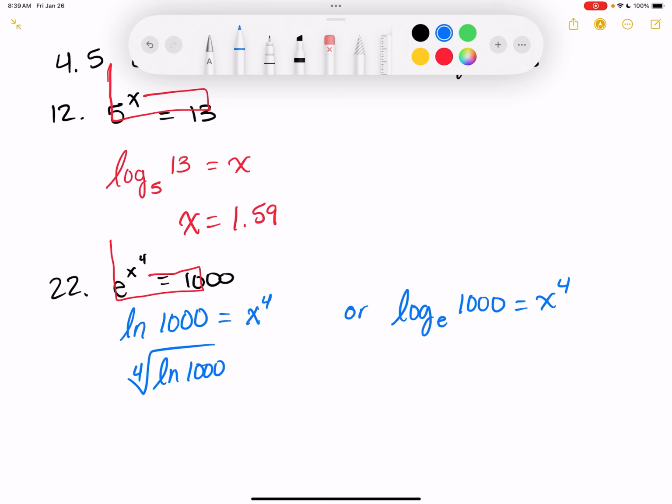If it pops up with something there, you just need to type in a 4 over top of it. And that's going to be now the 4th root of, and then there's an ln button at the bottom, of 1,000. So it should look like that.